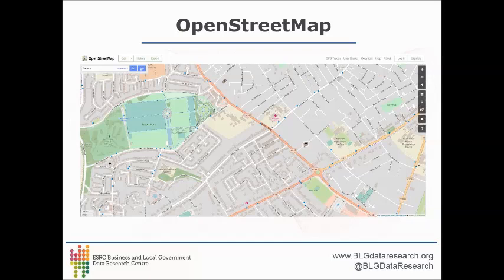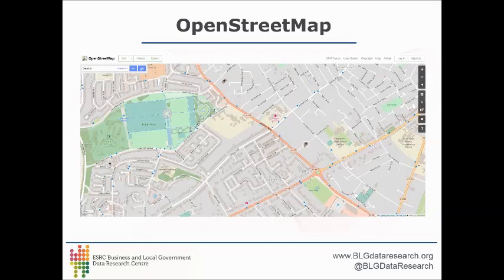But the thing that starts to become immediately apparent is that there's much more detail in terms of building outlines and so forth in the area to the west of the A140, which is actually the Norwich Ring Road, than the area to the north and east of it. And this is a very common phenomenon with OpenStreetMap, that you get these geographical variations in extensive detail.